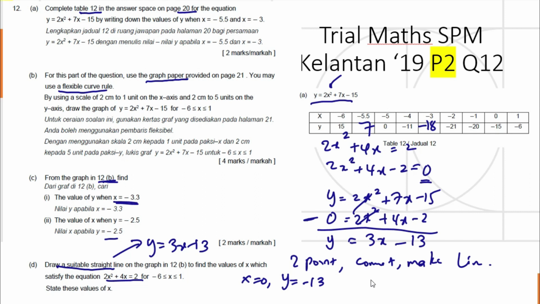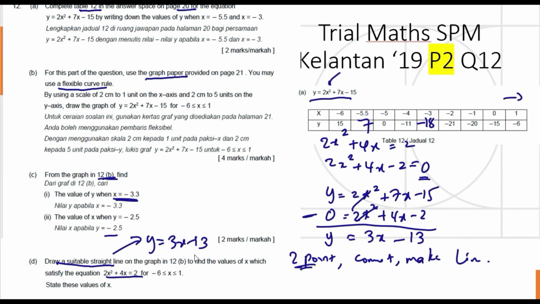And then if y is equal to 0, 3x minus 13 is equal to 0, 3x is equal to 13, x is equal to 13 over 3 or 4.3. Now we can sketch on the graph. The y-intercept is 0, negative 13.